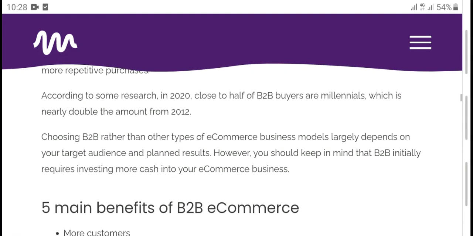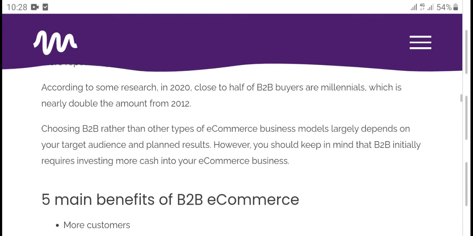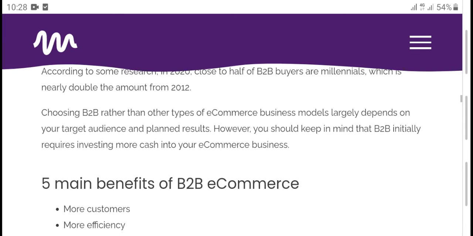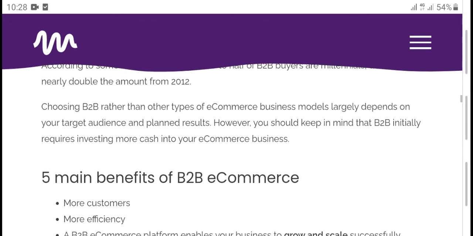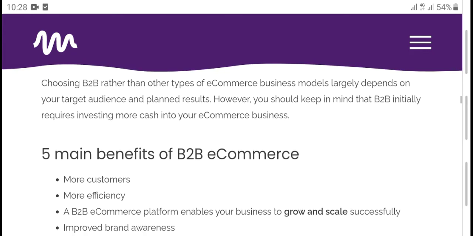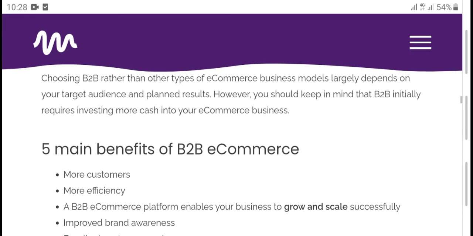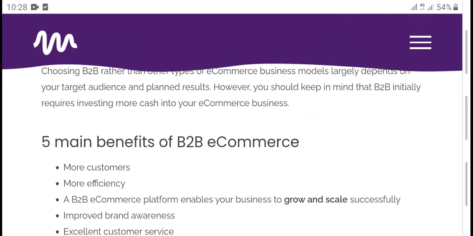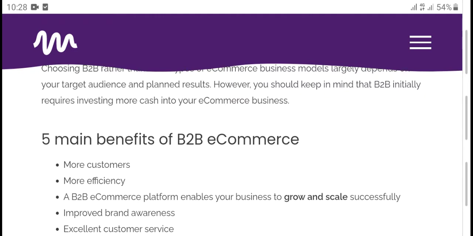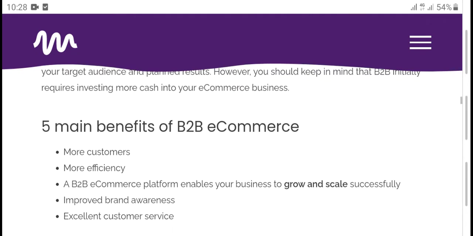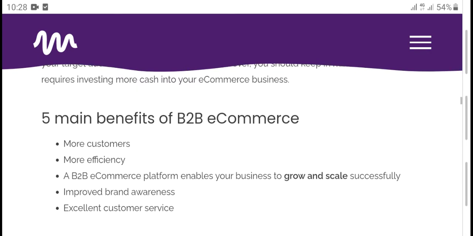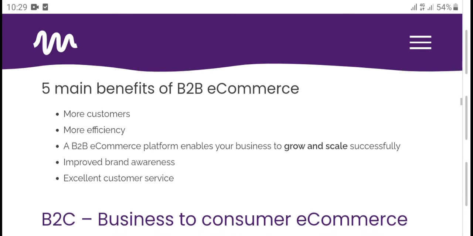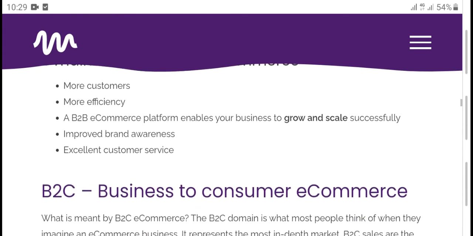According to some reports, in 2020 more than half of B2B buyers nearly doubled their spending from 2020 to 2021. B2B is rated higher than other types of e-commerce business largely depending on your target audience and planned results. However, you should keep in mind that B2B entry requires investing more cash into your e-commerce business. Five main benefits of B2B e-commerce: more customers and more efficiency.